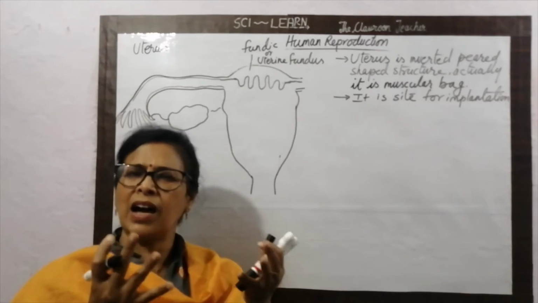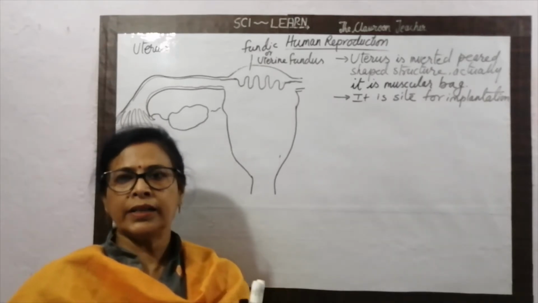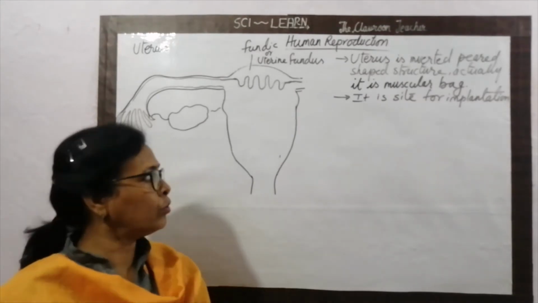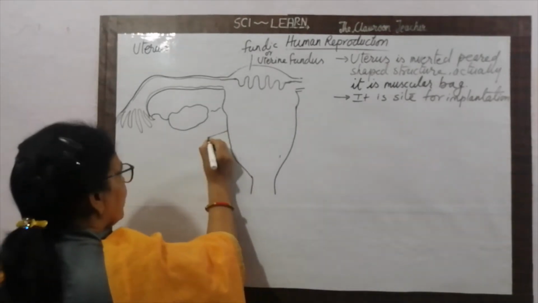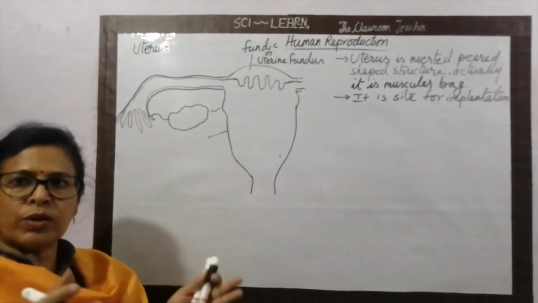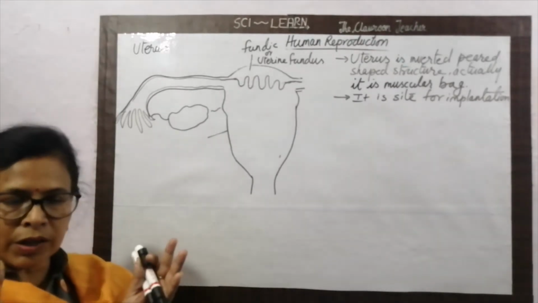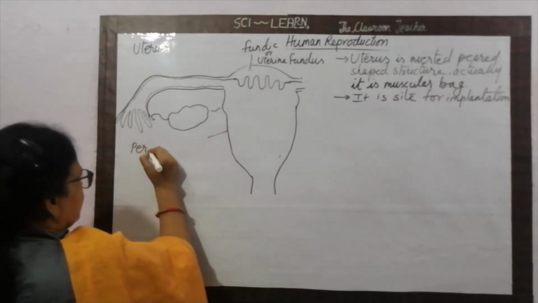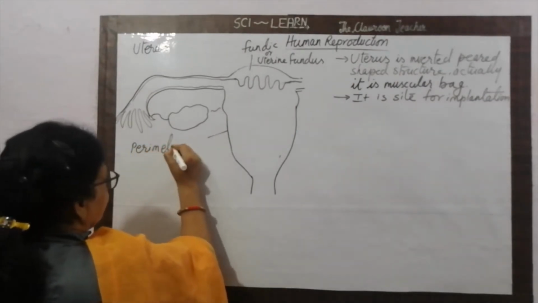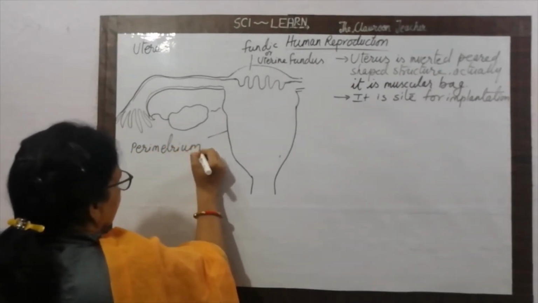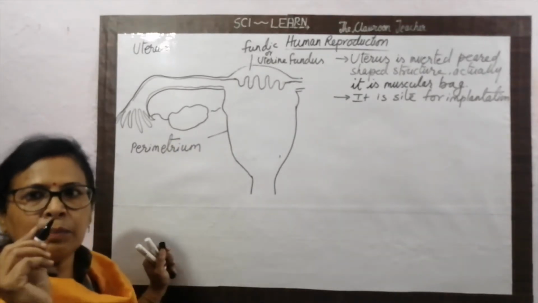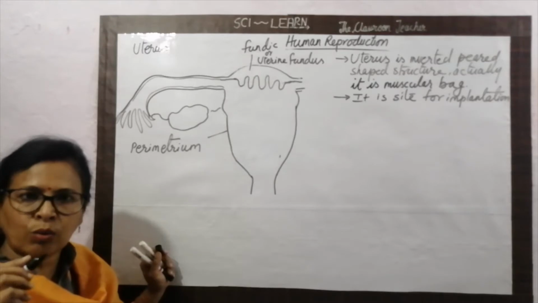It is highly muscular in structure, and it is made up of 3 layers. The outermost layer, just outside the uterus, is called the perimetrium. The central part is called the myometrium.